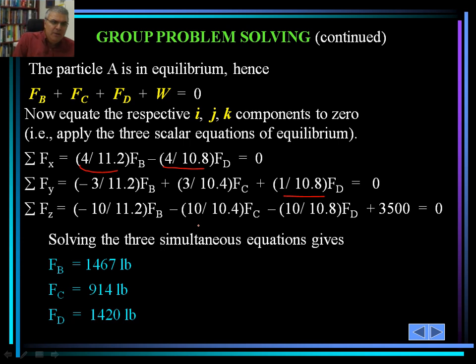Then down here, I'm going to do the same thing. Express everything in terms of F sub B and F sub C. Then, having two equations, two unknowns, I can solve for that. I can back substitute to the other equation, and then back substitute to the other equation and solve it.